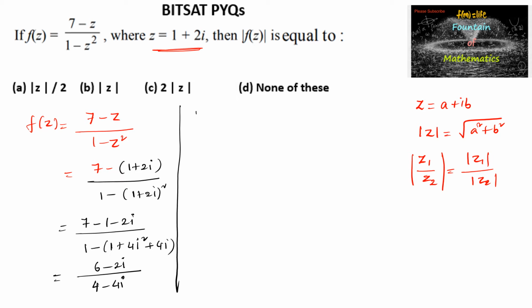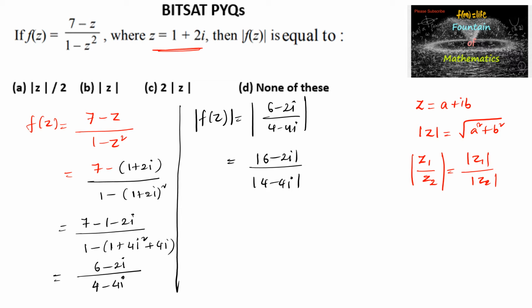Now consider mod of f of z, which is equal to mod of (6 minus 2i) divided by (4 minus 4i). This can also be written as mod of (6 minus 2i) divided by mod of (4 minus 4i), or we can take 2 common, 2 times mod of (3 minus i) divided by 4 times mod of (1 minus i).